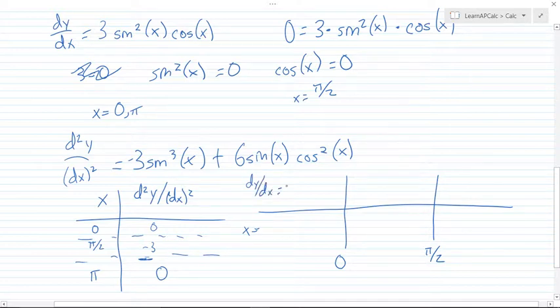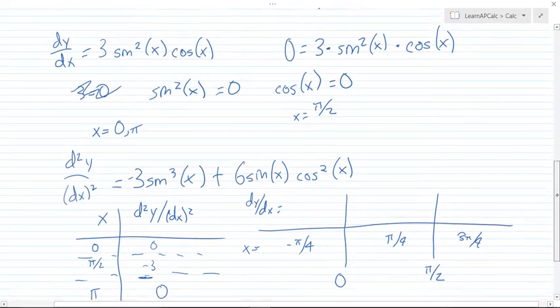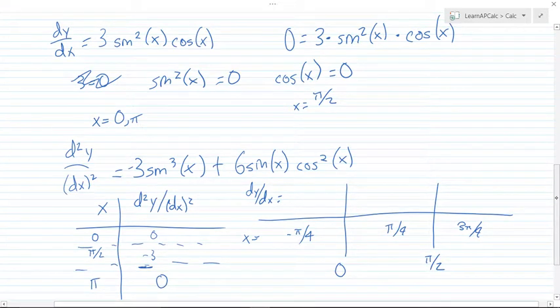Alright, so we'll say minus pi over 4, pi over 4, 3 pi over 4. Okay. And now we just really need to worry about the sign of our first derivative. So at negative pi over 4, that's really saying 11 pi over 4.